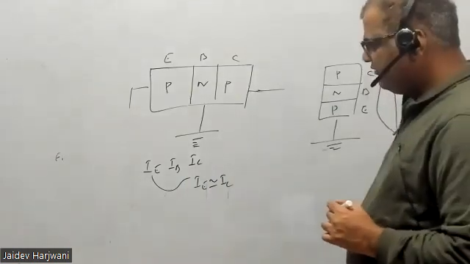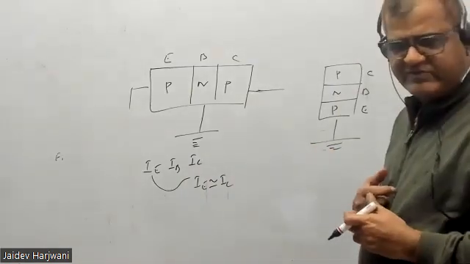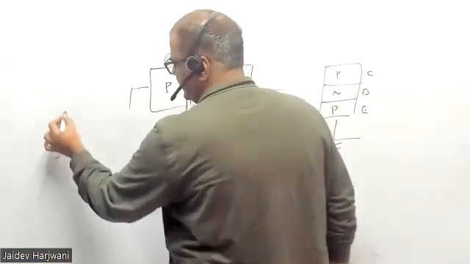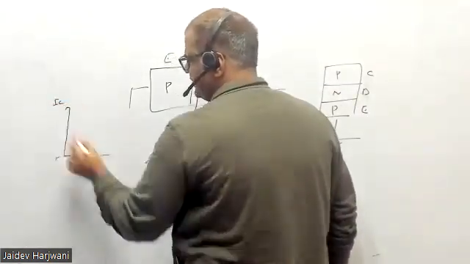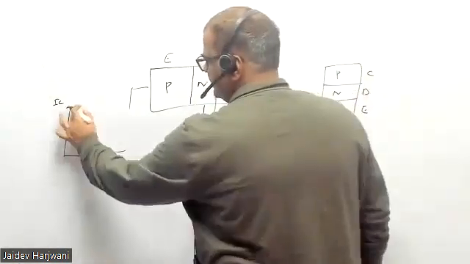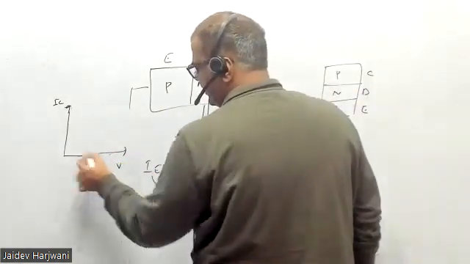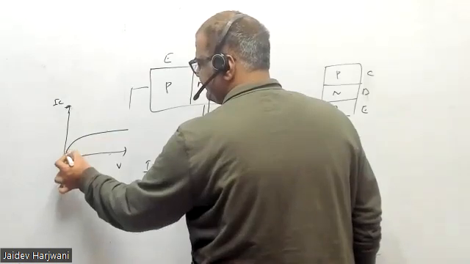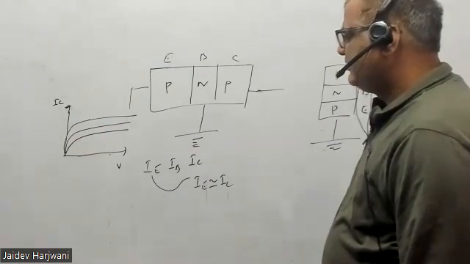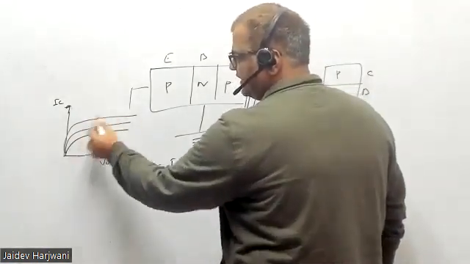But the resistance of the collector base junction is always very high. Then only amplification is possible. If you see the output characteristics, IC versus VBC, it comes like this.